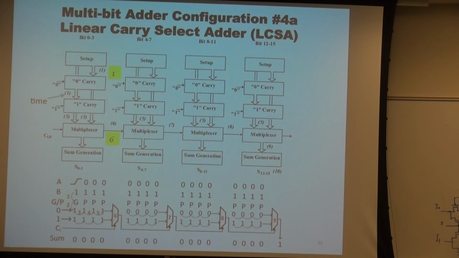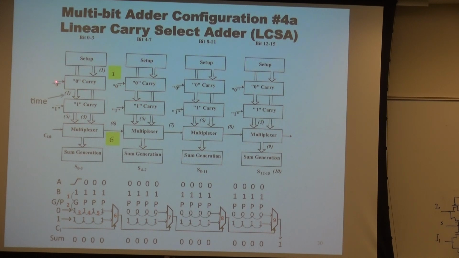So earlier, we saw that it took 12 units of time in carry bypass adder, but in carry select adder, you can see that 1 unit of time is taken to calculate the TPG, the setup.